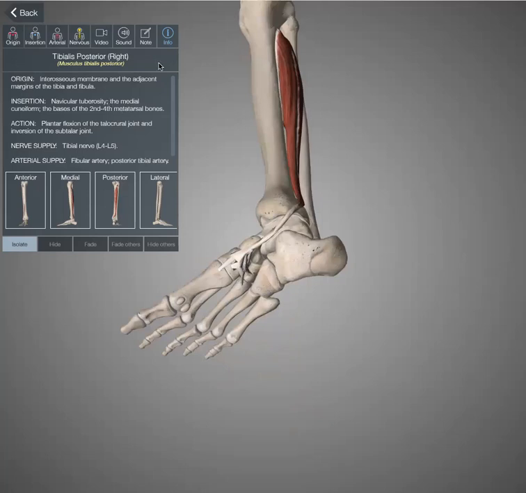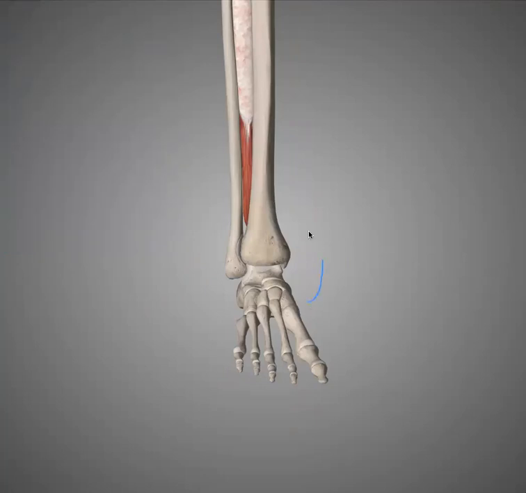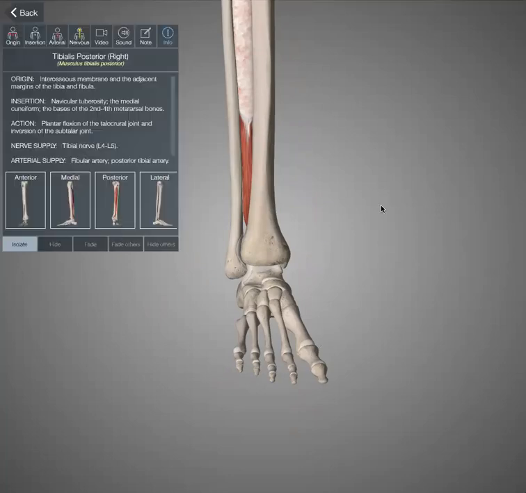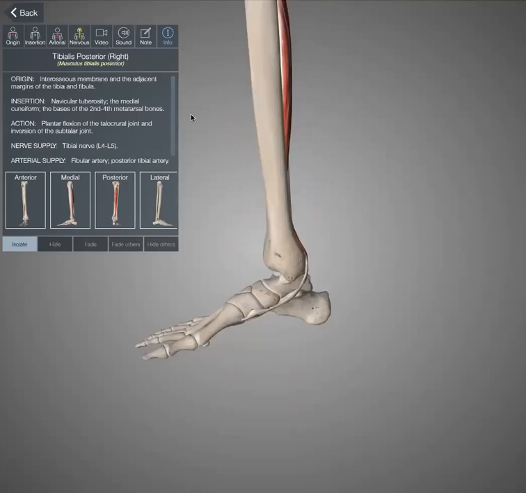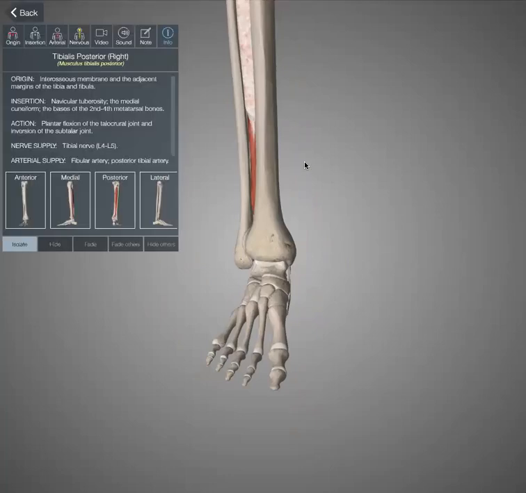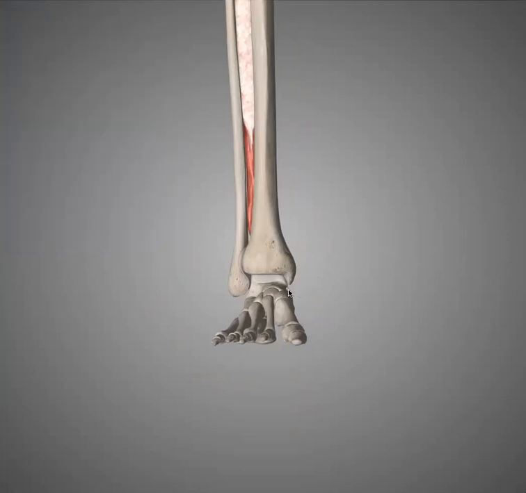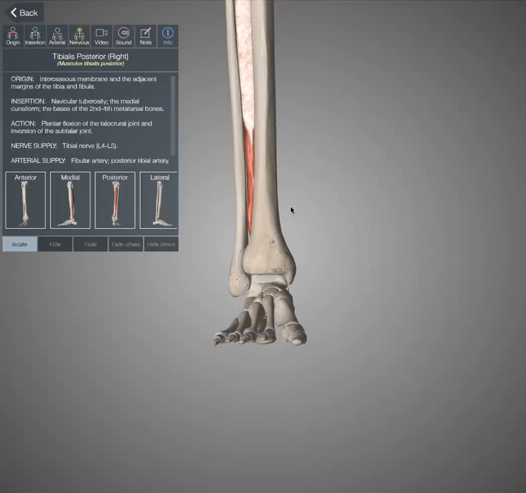The action is inversion. So what I mean by inversion, I don't know if you understood me, guys, but let's say the foot is now straight, then maybe give you a different angle.